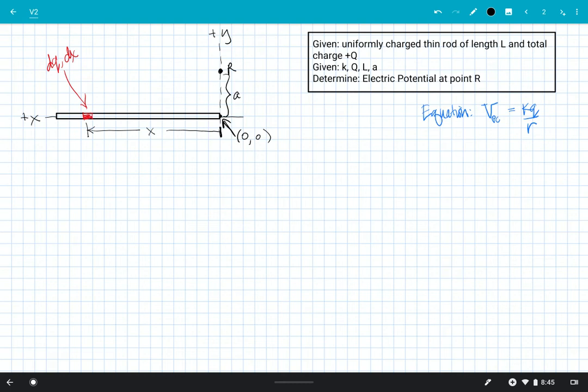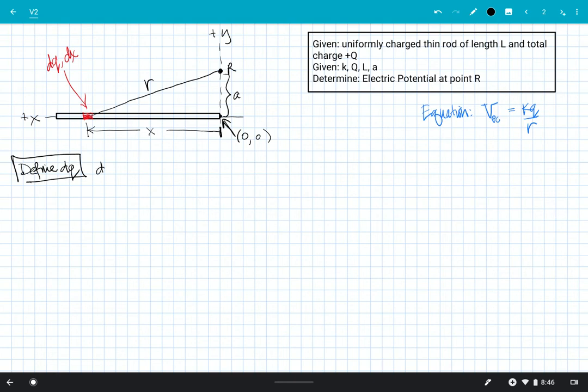And then R is, as R always is, the distance between my differential element and the point of interest. So R in this case is going to be right here. And we're given that the rod length is L, and we're given that the distance between point R and the end of the rod there is A. Okay, so now let's do our defining stuff. So we know we need to define dq.